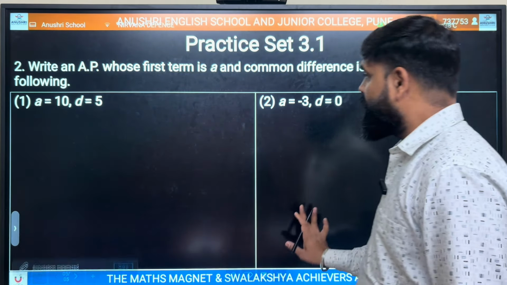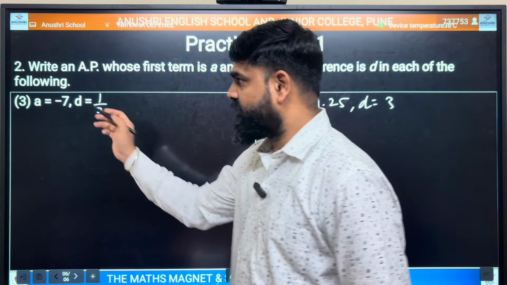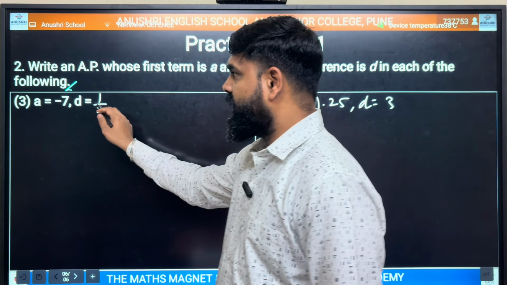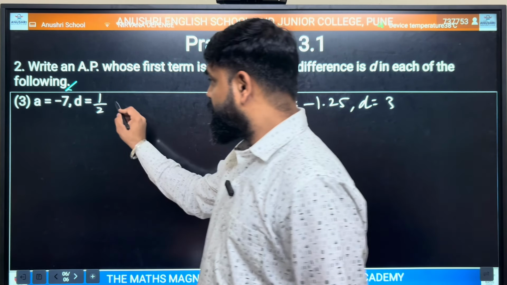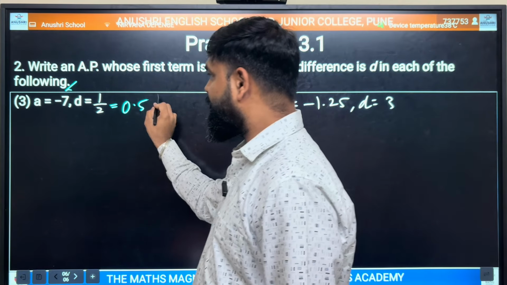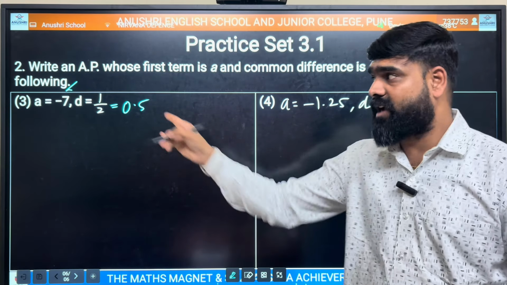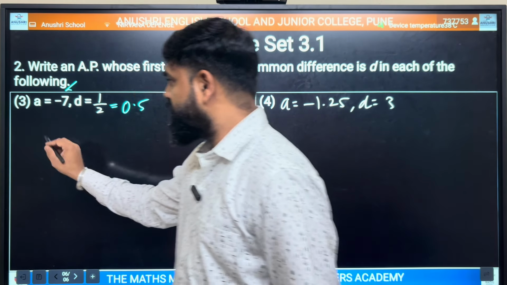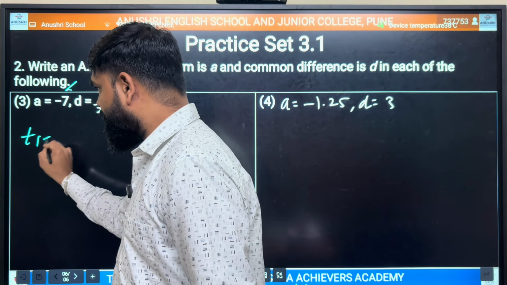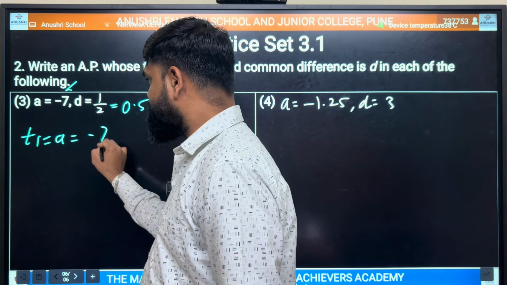Let us solve the third question. In the third question we have A equal to minus 7 and D equal to half. D equal to half means what? We can write this half as 0.5. So let us find the term T1, which is A equal to minus 7.